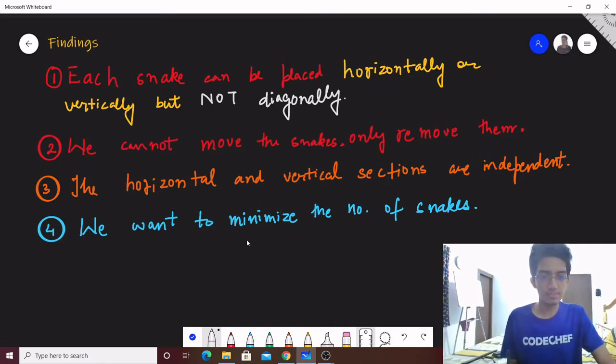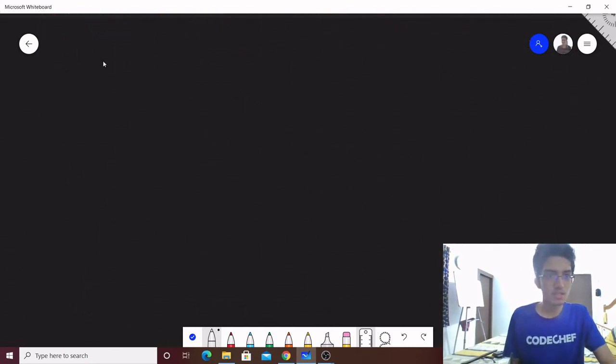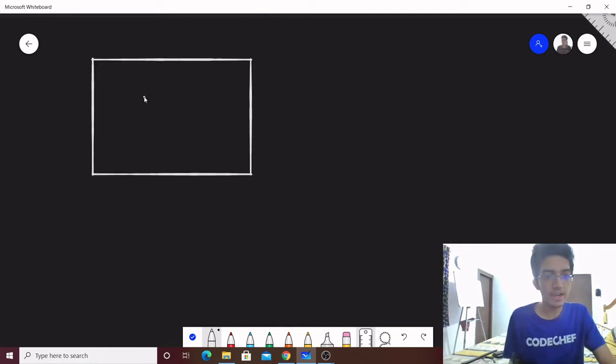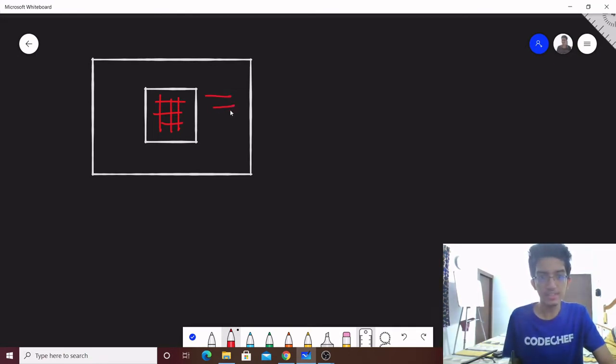Let's just look at point number 3 for once. So we had our n cross n grid, and within that we had a k cross k grid. We know that the arrows can be shot either horizontally or vertically. For vertical arrows, the snakes which are lying over here, like this or this, they are of no use.